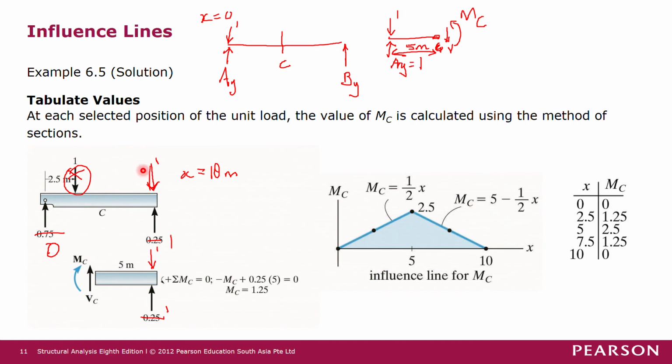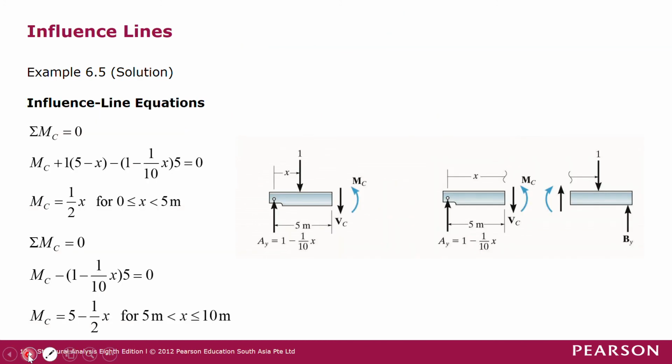Only the one unit load is moving. This point C does not move. It's always at the midspan of the structure. So next, if you want to draw the influence line equations for MC, in this case we have two segments of the influence line.